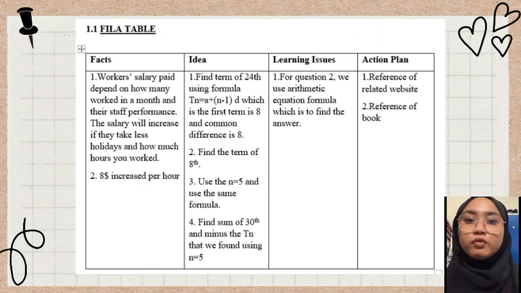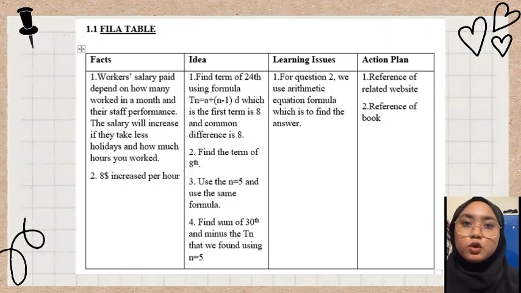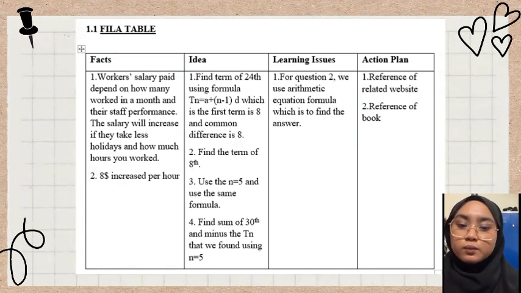Lastly, we find the sum of 13 and minus 30n using n equal to 5. For the learning issue, we use the arithmetic equation formula to find the answer. And lastly, for the action plan, we take related websites and books for our reference to create the equation and solve it.